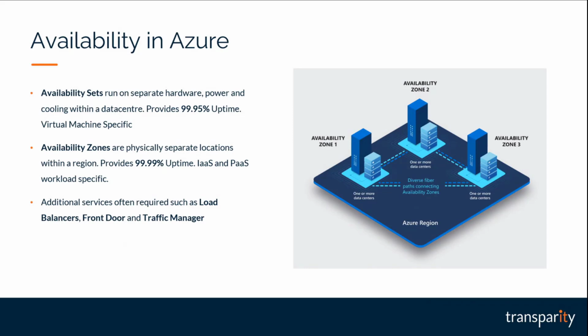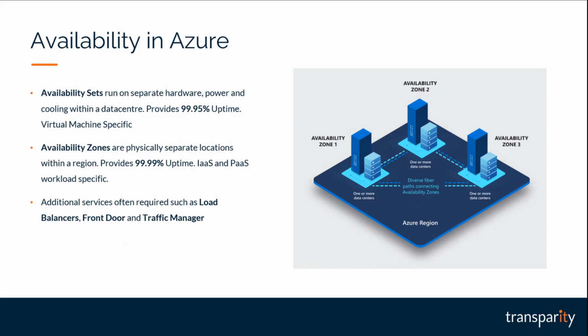If you can imagine that you're going to configure a virtual machine, when you go to do this, you can choose whether that is going to be spread across availability sets. And the best way to look at sets is it's separate hardware, power, or cooling within a data center. So they're not next to each other. There is separate power and cooling. But if the data center went down, obviously if the region went down, especially, your workload would still go down.